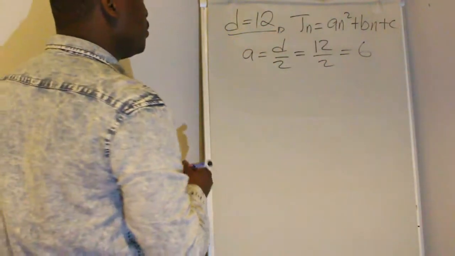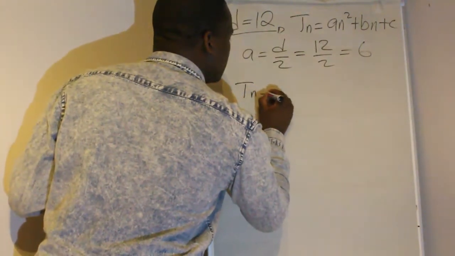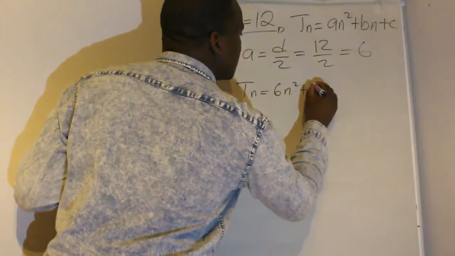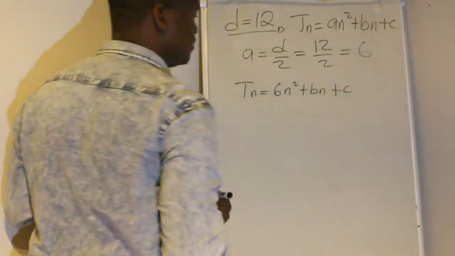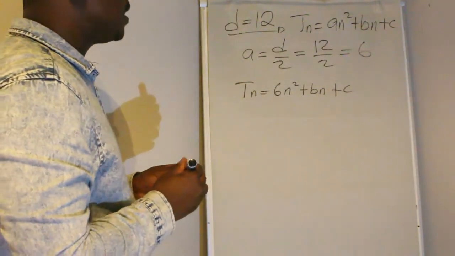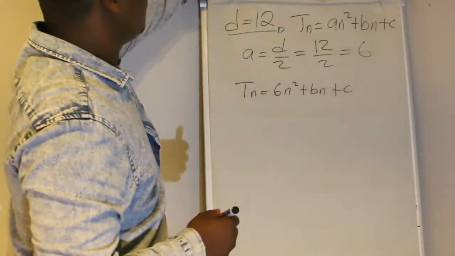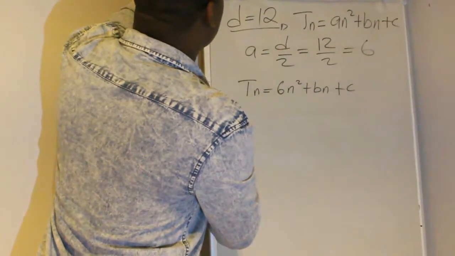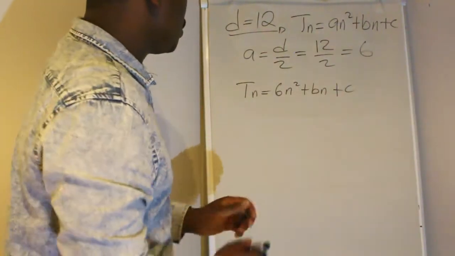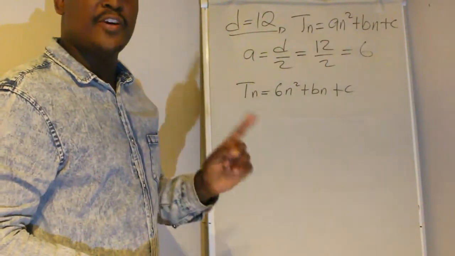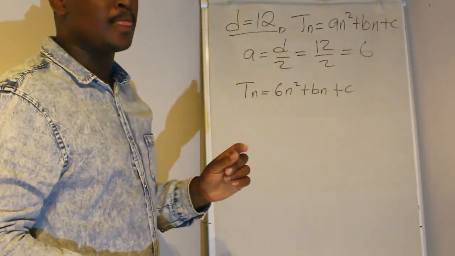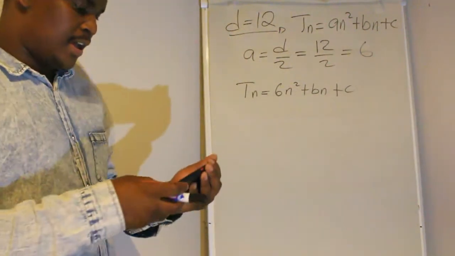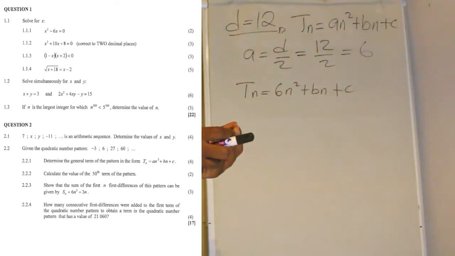Now that you have a, you can say Tn is equal to 6n squared plus bn plus c. But you are given other terms there. On this pattern, you are given the first term, which was -3.